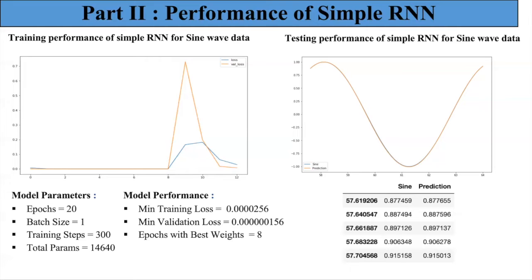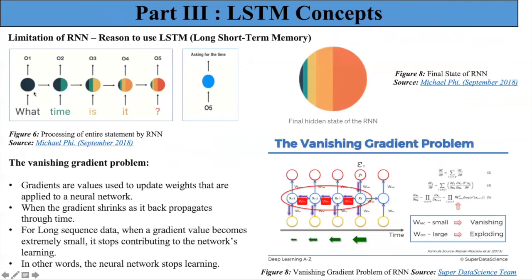So with that, we understand how the simple RNN works and how it can be applied to a dataset, but there are some limitations of the RNN. As you can see on the top, we have an example sentence, what time is it? It is a very common sentence, right? We ask it many times.